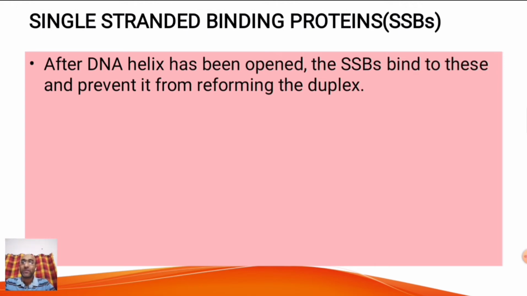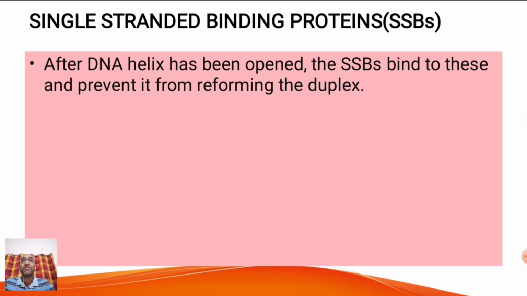After the DNA helix has been opened, the SSBs bind to both these parental strands. Why do they bind? Because the strands have an inherent capability of reforming the duplex.